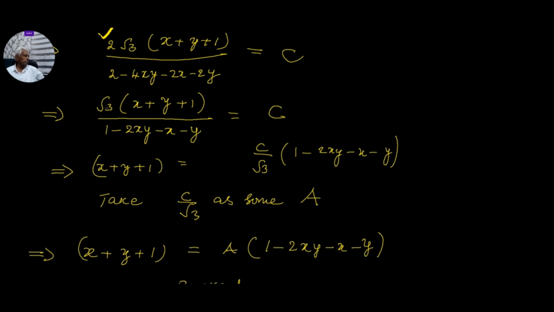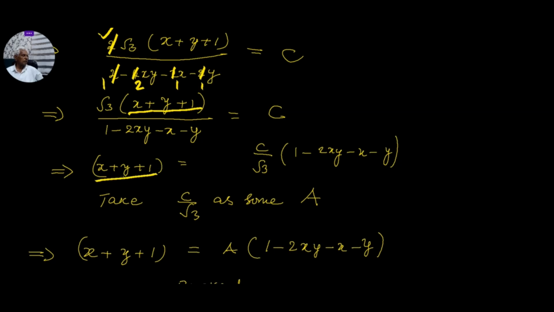We are almost there. Root 3 times (x plus y plus 1) by (1 minus 2xy minus x minus y). What happened here? This 2 and this 2 becomes 1, this 4 becomes 2, this 2 becomes 1, this 2 becomes 1. 1 minus 2xy minus x minus y equal to C. Finally, this I am going to keep on one side.